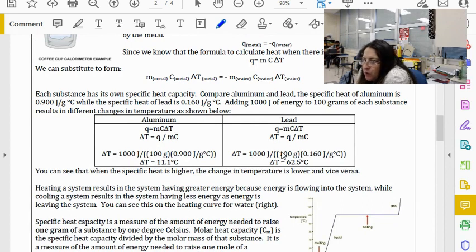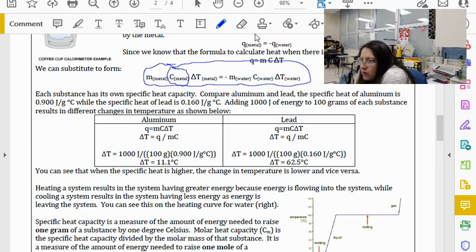Okay. So here's the formula that you'll be using. You know that the heat lost by this equals the heat gained by this. So you can set this up in this formula here. We have our metal mass, our specific heat of metal, which is what you're going to be solving for tomorrow.